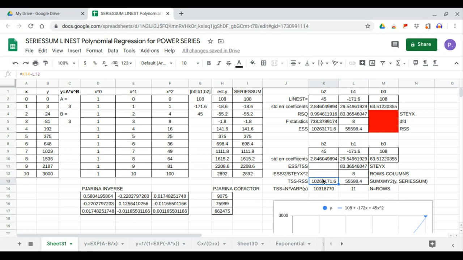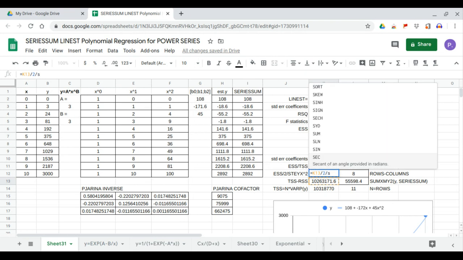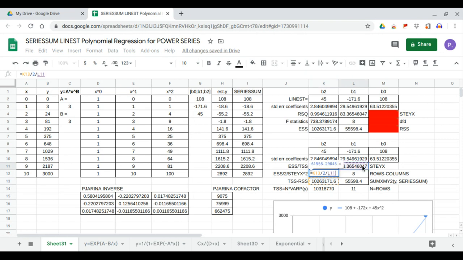Now we can calculate the F statistic, which is equal to regression sum of squares divided by 2, because there are two independent variables, so two values of x, divided by Sey to the power 2. That matches our F statistic in the LINEST output, while our ESS also matches our LINEST output.